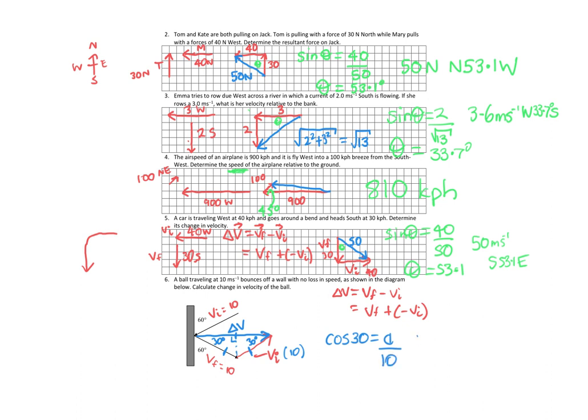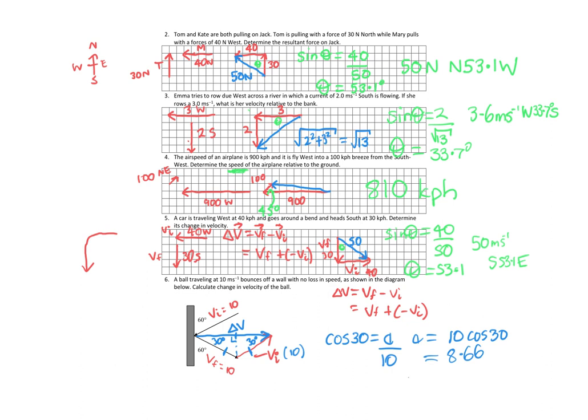So A is equal to 10 times the cosine of 30, which is equal to 8.66.